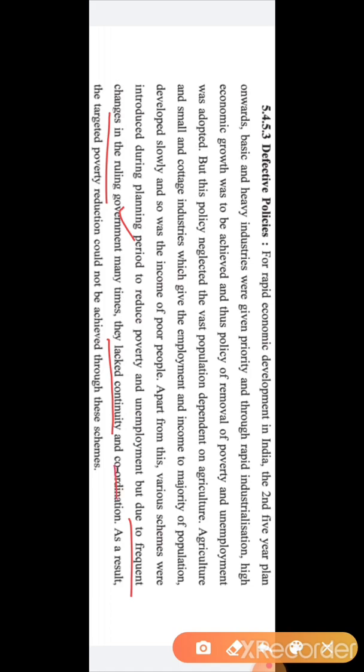Whatever projects past governments started were not maintained in continuity, and those schemes got disrupted.